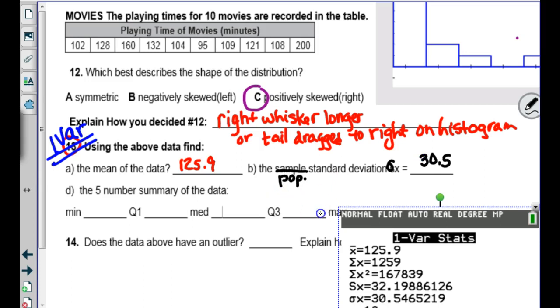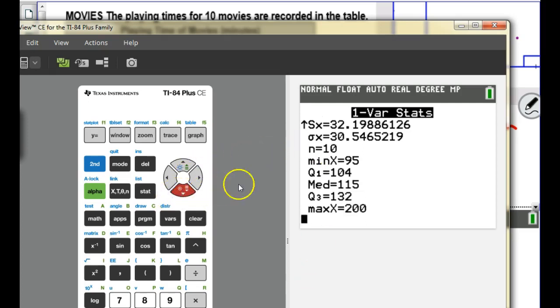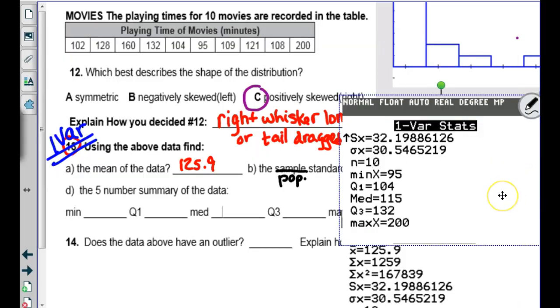All right, the 5-number summary, remember you have to scroll down further or look at the actual box plot for that. So we have 95, 104, 115, 132, and 200.